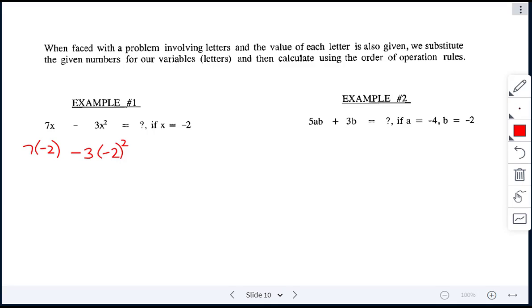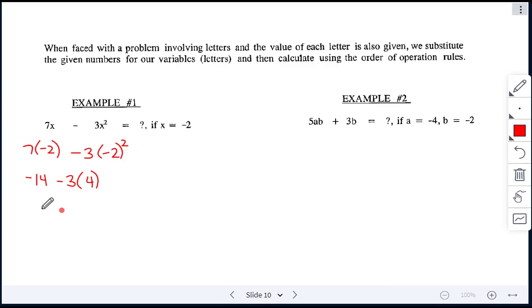All right, so now I'm just going to use my BEDMAS rules and finish this. So 7 times -2 gives me -14. And then I have here -3, and I'm going to do my exponents here. -2 squared means it's -2 times -2. -2 times -2 gives me a +4. All right, so it looks like this.